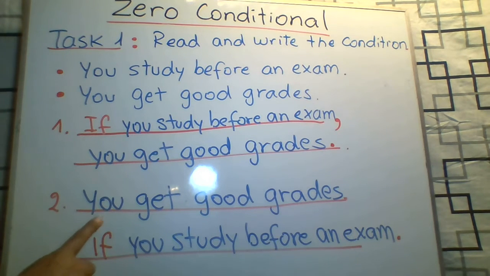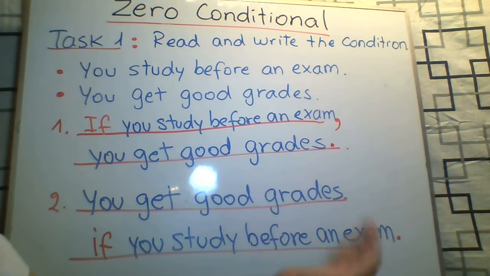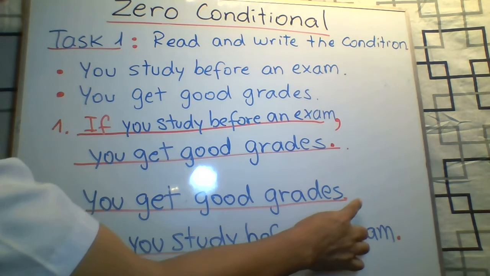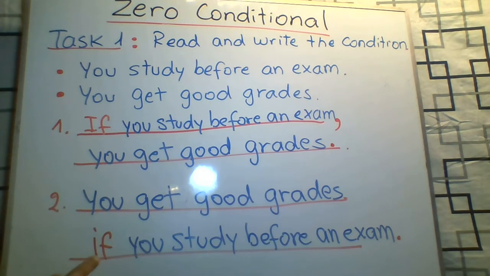Very good. You get good grades if you study before an exam. As you can see, you don't use a comma because the if part is in the second place. You get good grades if you study before an exam.